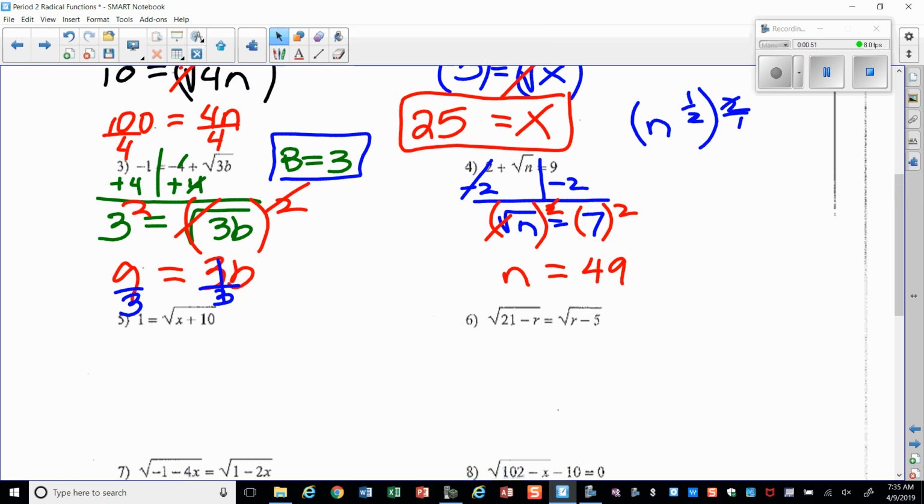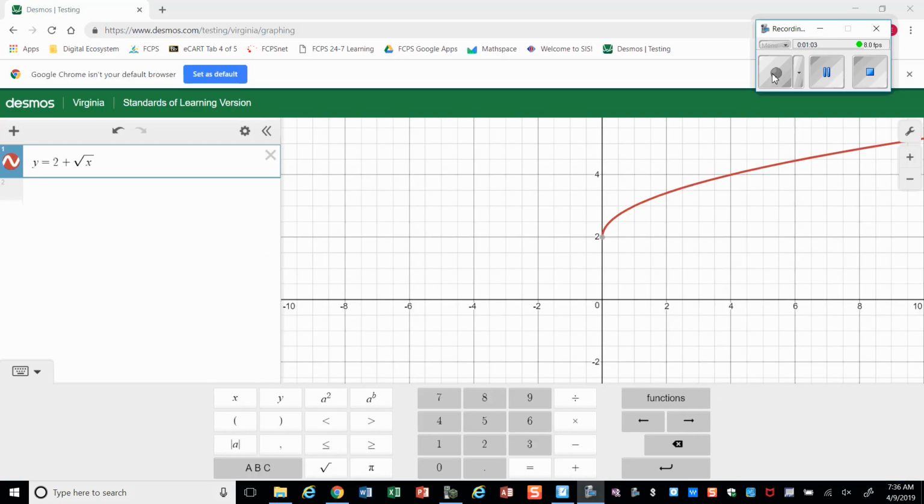And you can check that on Desmos by putting in the left side as one function and the right side as the other. Okay, I have y equals 2 plus the square root of x. I'm changing the n to an x. And then I'm going to make the right-hand side be y equals 9.